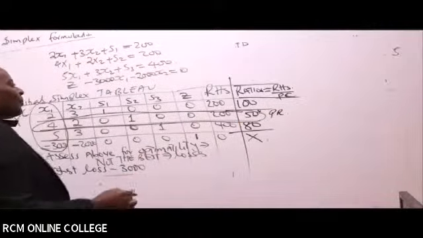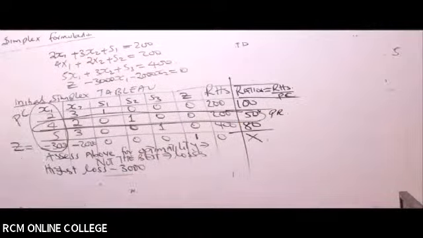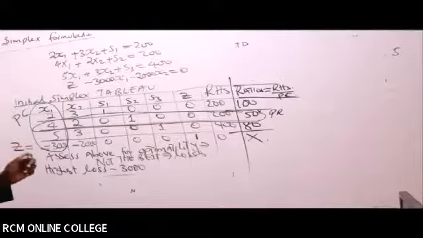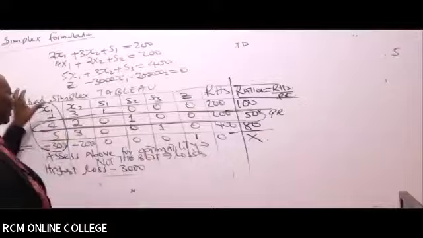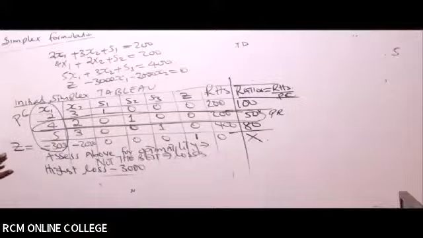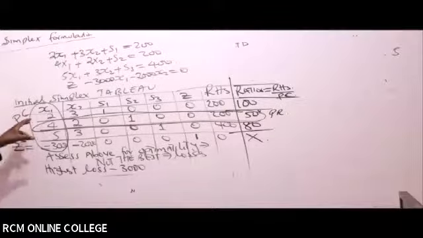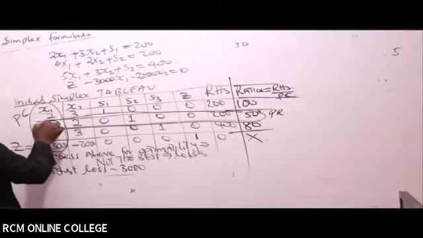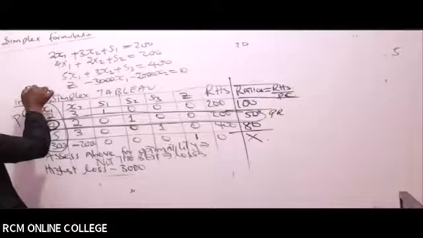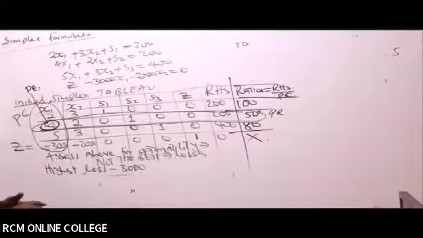Once I get this PR, there is another thing I must identify, a unique feature which is so privileged, it has both a row and a column. This number 4, we call it the pivot element.